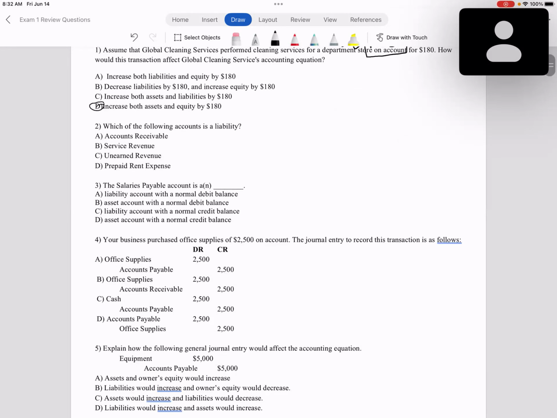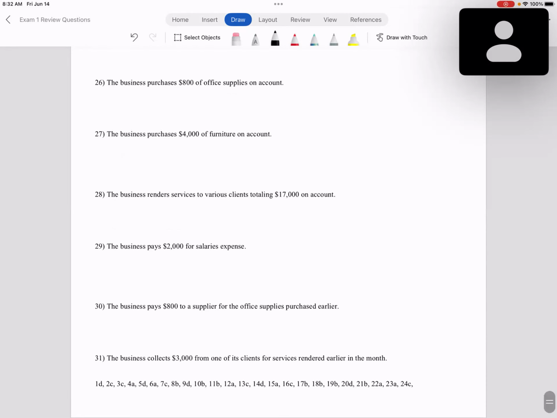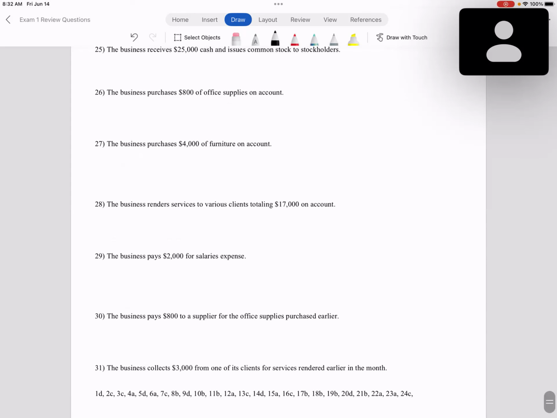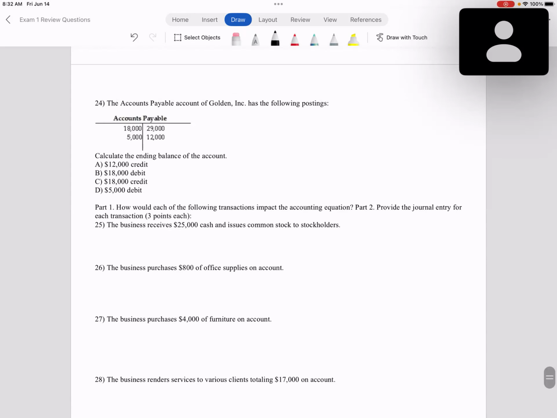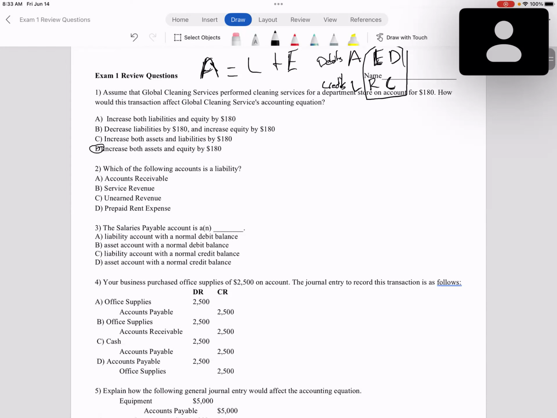And then at the end of the test, you'll have a number of journal entries that you'll need to prepare. The points are worth different amounts, but make sure you do how it impacts the accounting equation, and then also provide the journal entry. So there's two parts, but I clarified that in the test.